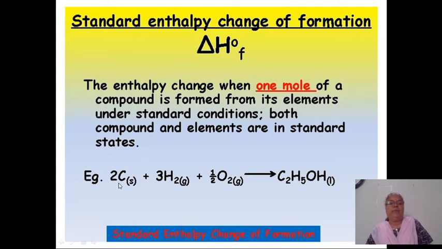That means carbon in a solid state, hydrogen in a gaseous state, and oxygen in a gaseous state, these three elements combine to form C2H5OH, that means ethyl alcohol in a liquid state. And when all these reactants are in their standard state, then such an enthalpy change is called the standard enthalpy change of formation.